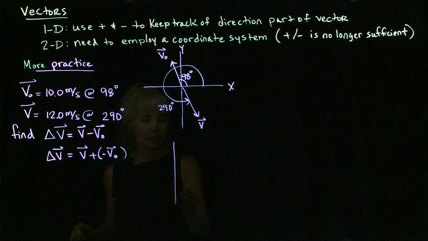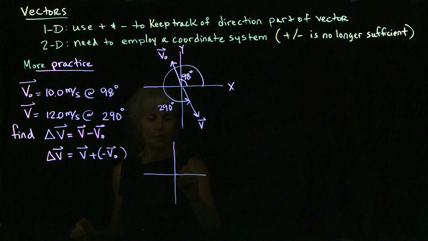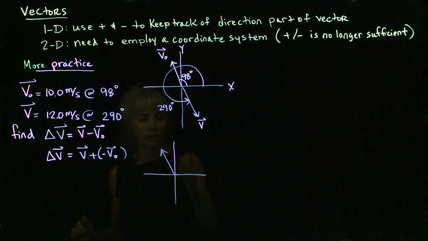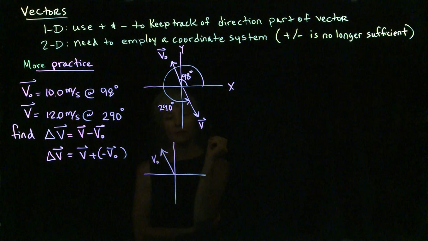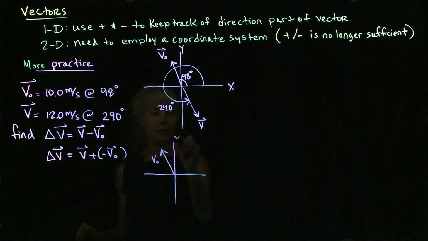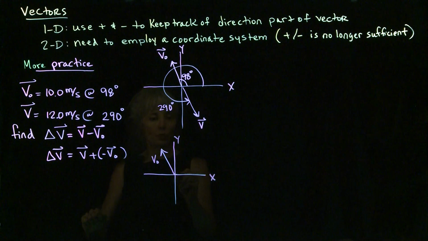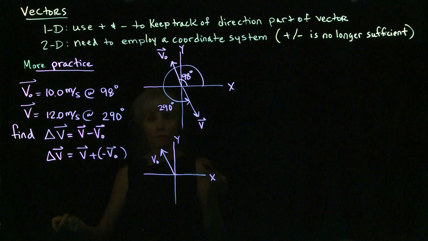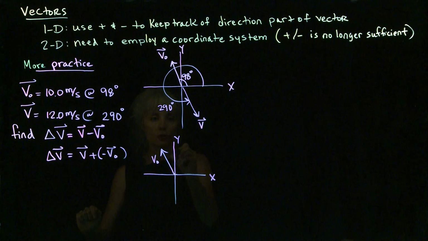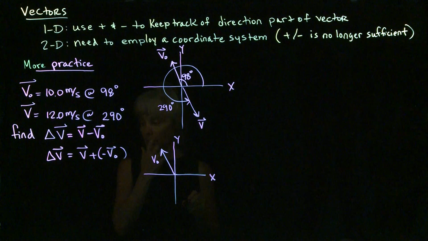So first of all, let's take the initial velocity v naught, and that initial velocity v naught is like this. So there is v naught. And notice that v naught can also be expressed as how far to move along the negative x axis and then how far to move up in y, or conversely, and you get exactly the same triangle either way, first of all going up y and then along negative x.